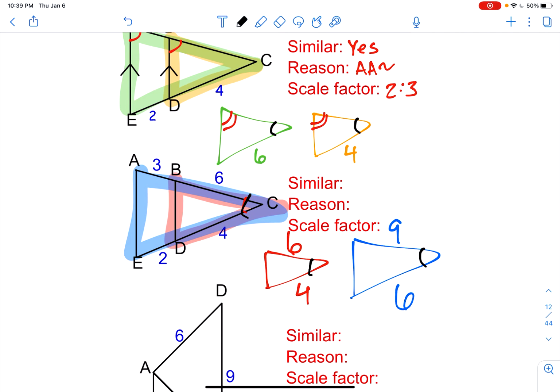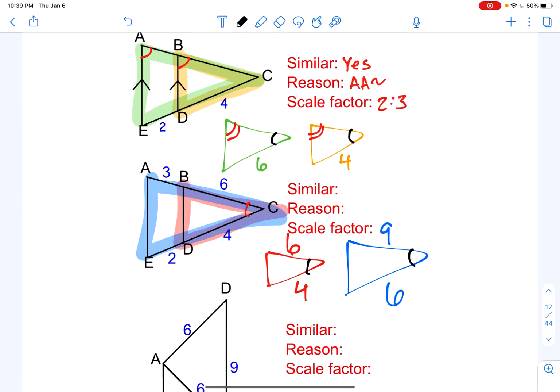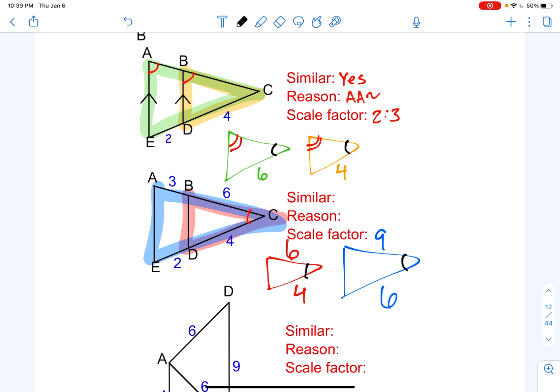It's the same angle for both. So it appears like we have side, angle, side. But we gotta check to see if they're proportional or not.